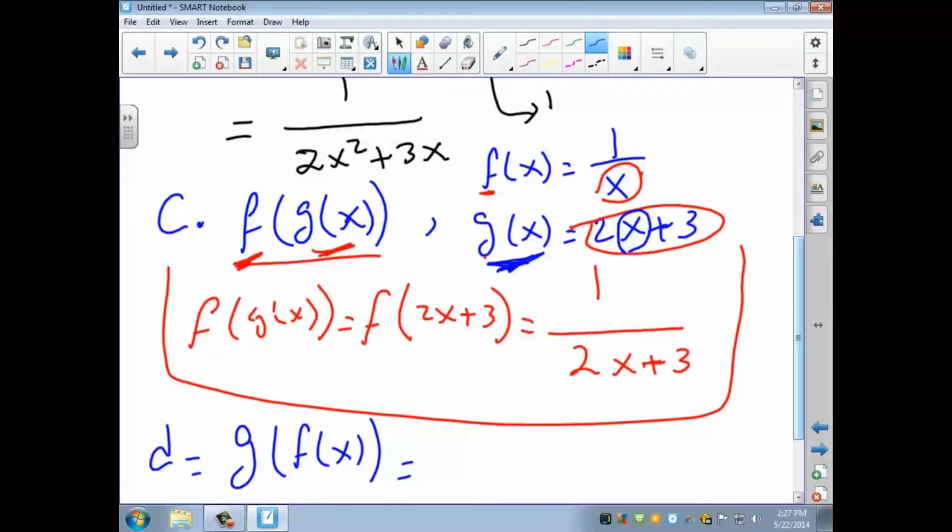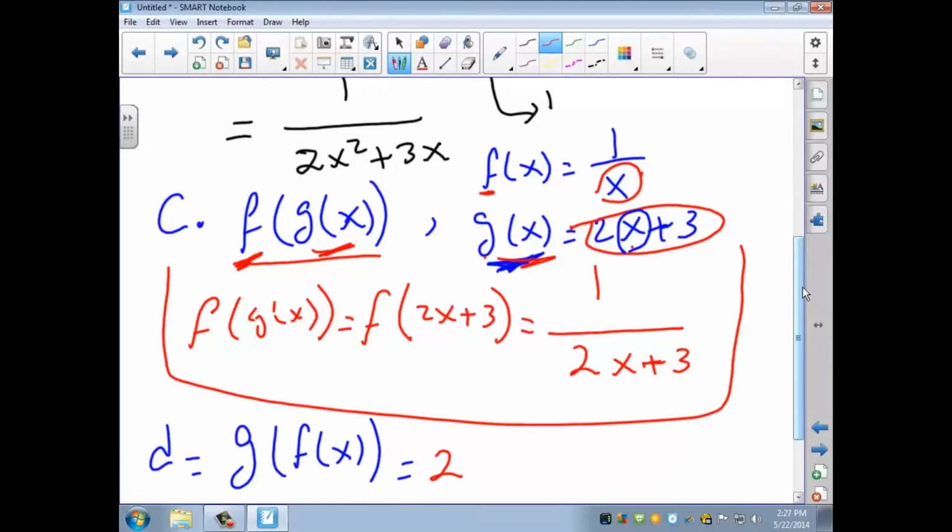So it would be equal to, you start with the g. So it would be 2, in place of x, you put 1 over x. So 2 times 1 over x plus 3.